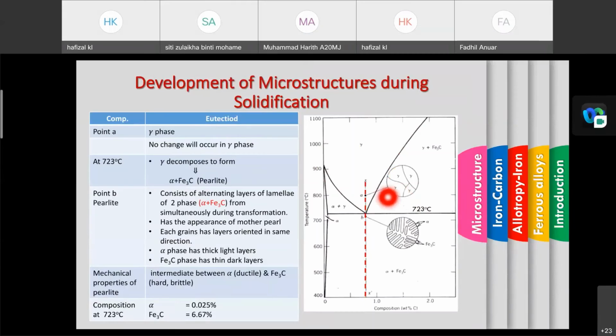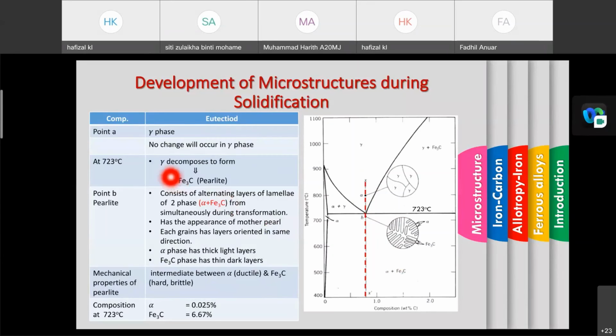Okay, and along the way during the solidification, at point B, whereby the temperature is below 723 degrees Celsius, we can see the gamma transform to alpha plus cementite here. This one, alpha plus cementite.